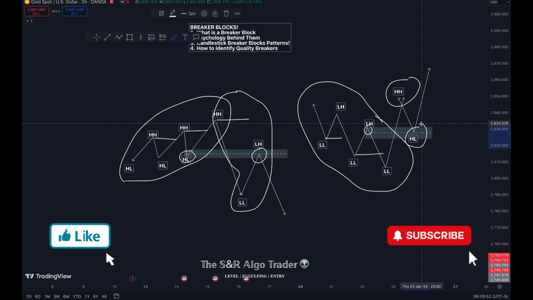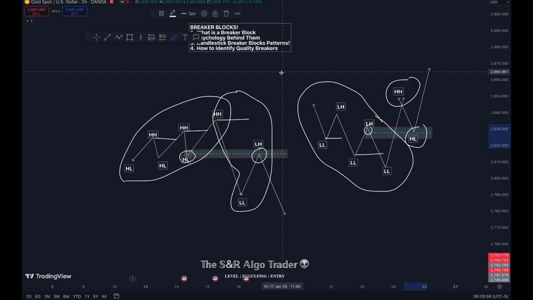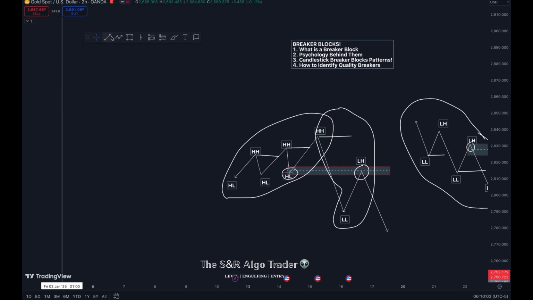So let's go to the next topic. That's the candlestick breaker block pattern. So let's say price is going like this, like this. Lows, high, higher lows, higher high.